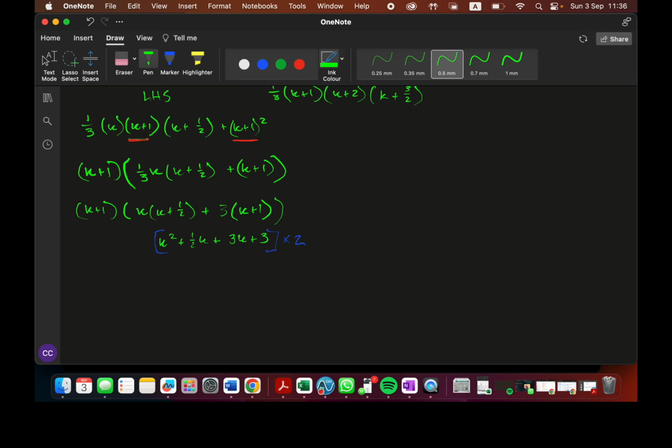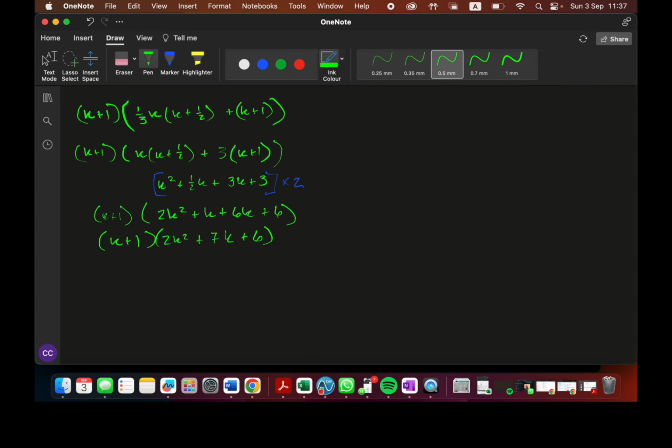So let's get rid of some fractions by multiplying by 2. I'd end up with 2k squared plus k plus 6k plus 6. Again, working on this inner bracket, we're still multiplying by k plus 1. I'd have 2k squared plus 7k plus 6, times k plus 1.